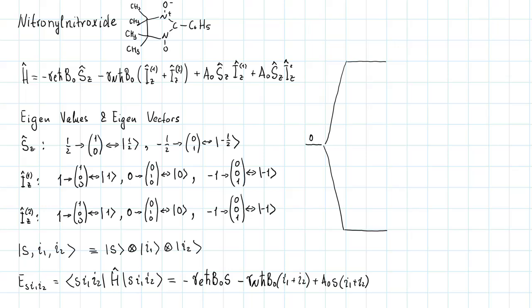Now let us add the contributions from the second term to the obtained two levels. The second term does depend on the I1 and I2. Since both I1 and I2 can have three different values, minus 1, 0, 1, there are in total 9 combinations of I1 and I2.